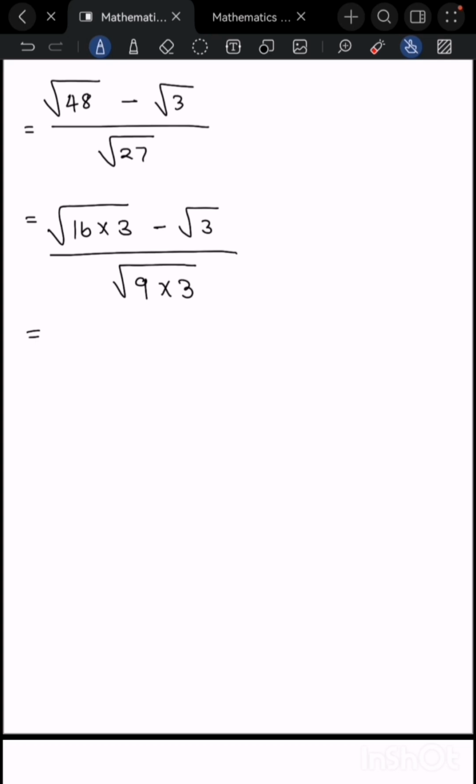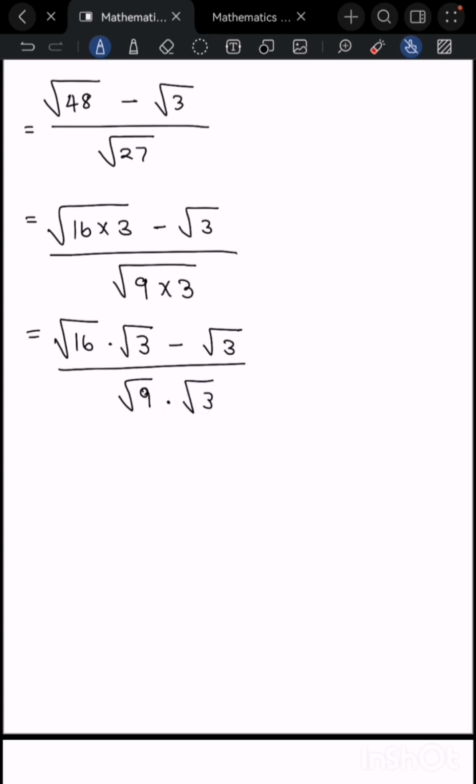So at the top we're going to have the square root of 16 times the square root of 3 minus the square root of 3, all divided by the square root of 9 times the square root of 3. The square root of 16 is 4. The square root of 3 we put exactly, minus the square root of 3, all divided by: the square root of 9 is 3, and the square root of 3 is the square root of 3.